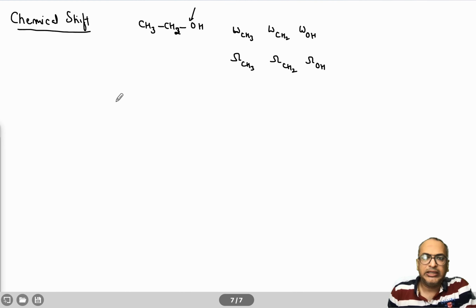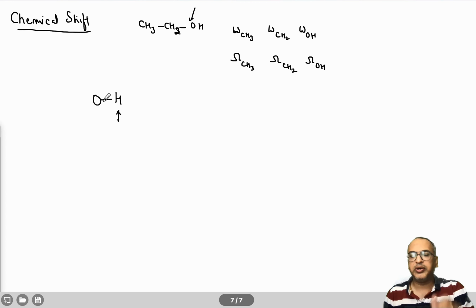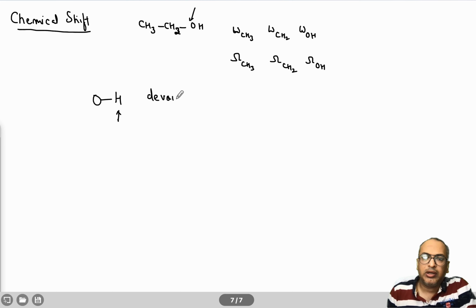For example, the hydroxyl proton is nearest to this atom, so the electronic cloud of the hydroxyl proton gets pulled most because of simple distance relation. Oxygen is closest to this hydroxyl proton, so the electronegativity of oxygen works best for it, and that's why this particular hydrogen is most devoid of electronic cloud or electronic density.